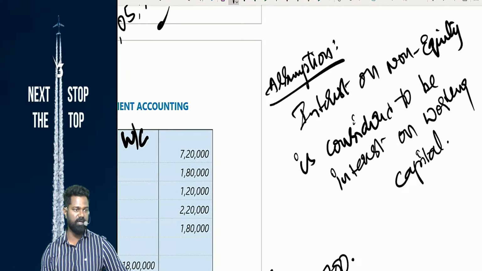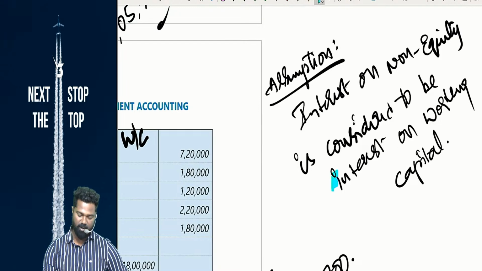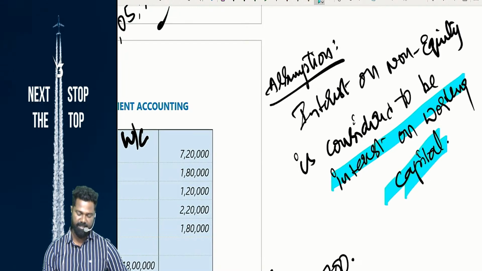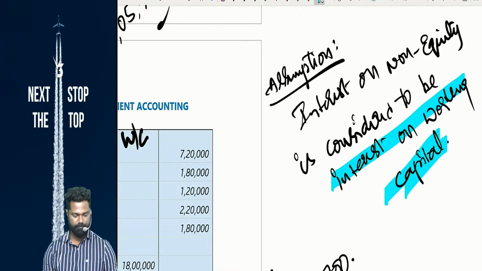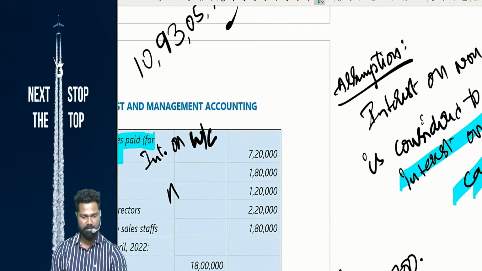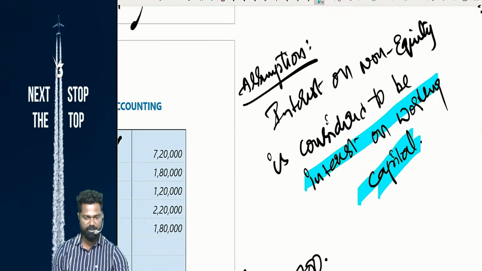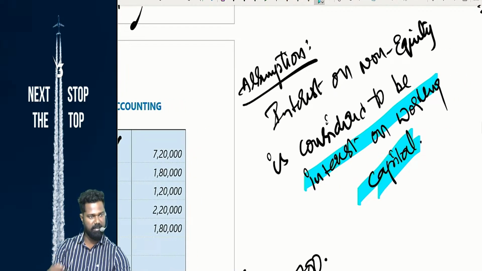Since it is treated as working capital, this being an operating activity, we are considering it here. Please note down this assumption. After the entire problem is done, write this.